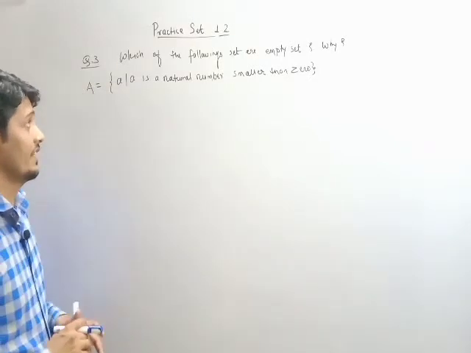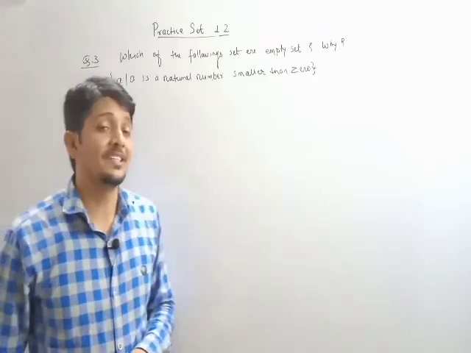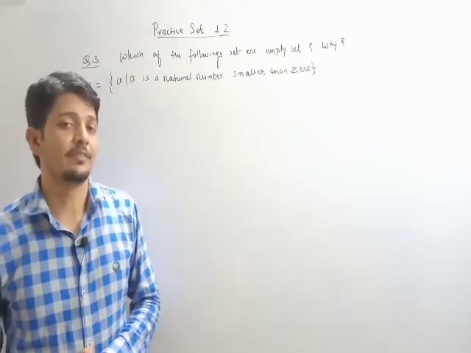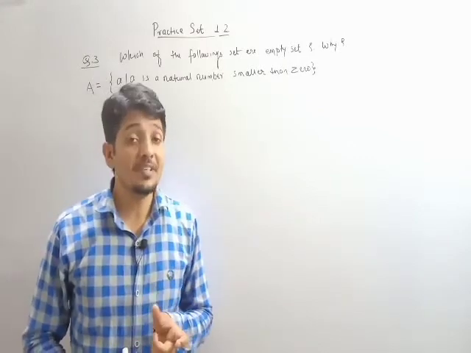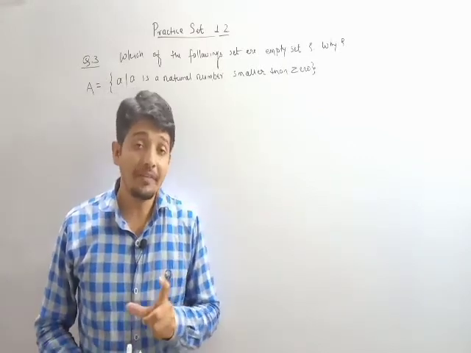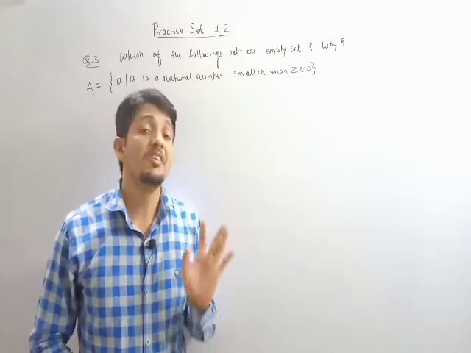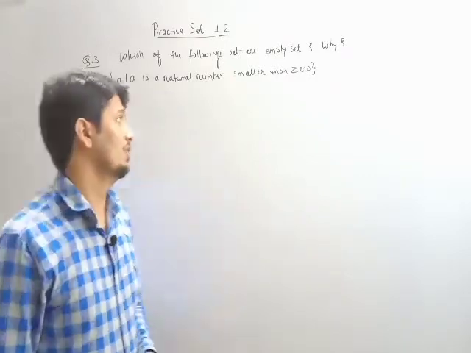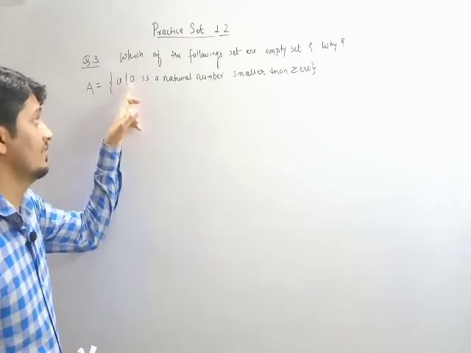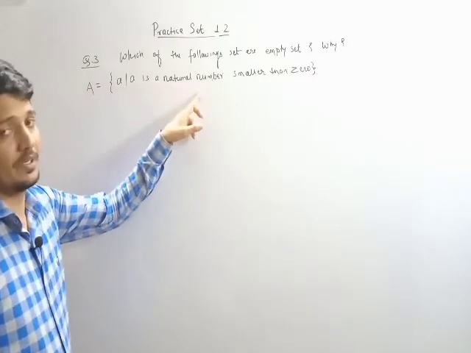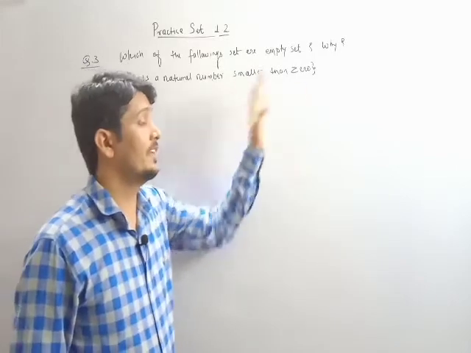The third question says, which of the following sets are empty sets and why? That means we have to identify whether the given sets are empty sets or not. If they are empty sets, then we have to give the reason also. The set A says A such that A is a natural number which is smaller than 0.